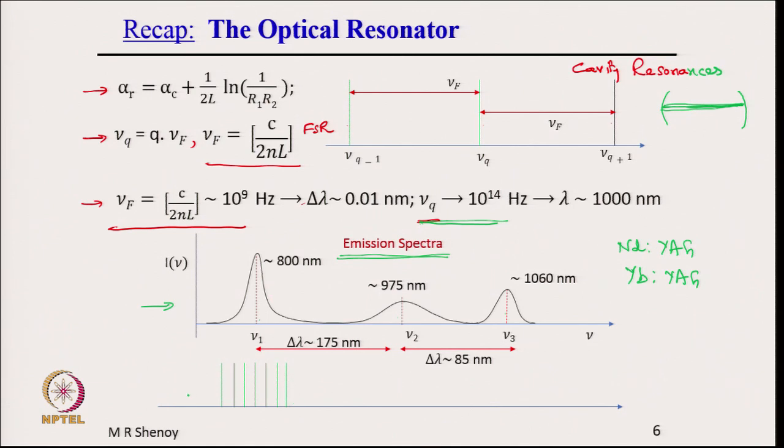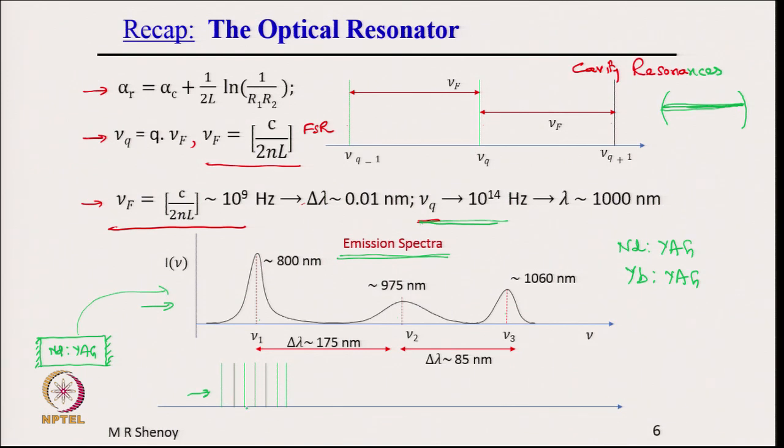What is shown here below is the cavity resonances. When you place this Nd:YAG rod in a cavity, let us say the mirrors are right here, coated on the rod itself, then the resonances shown here are due to the YAG, atomic resonances.